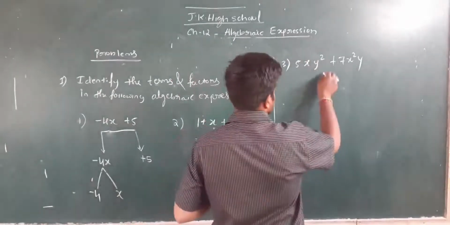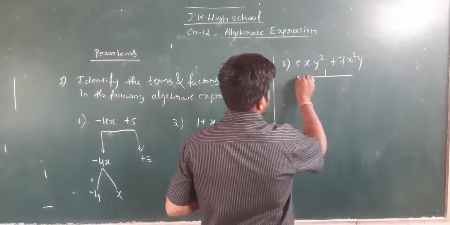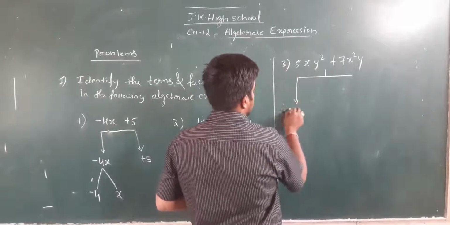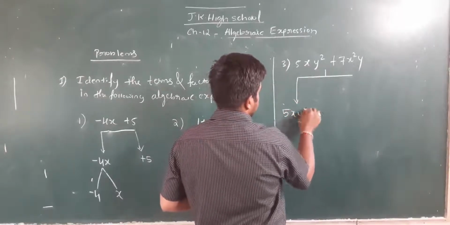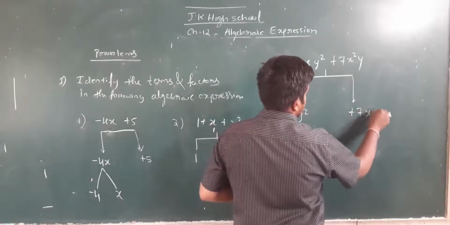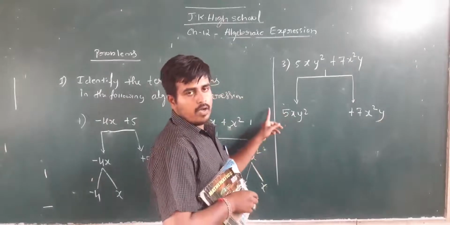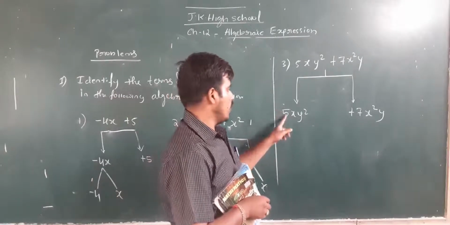So I will write. First term is 5xy square. Second one is plus 7x square y. And this term has how many factors? 1, 2, 3.